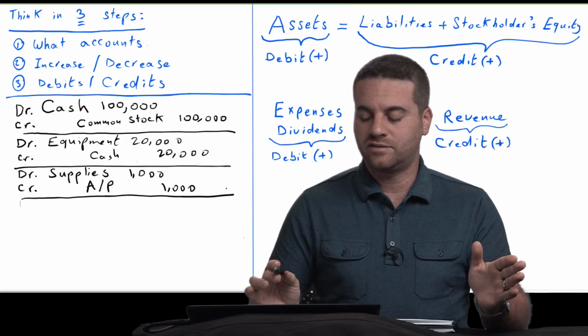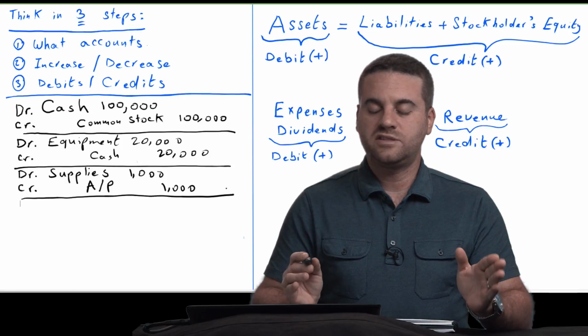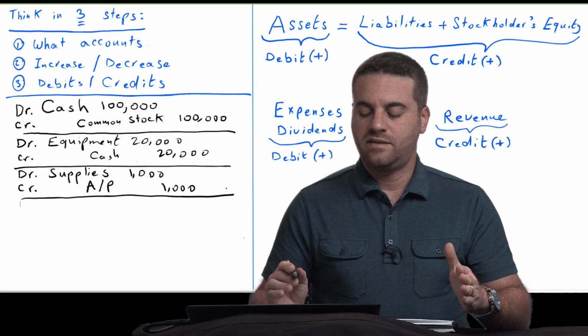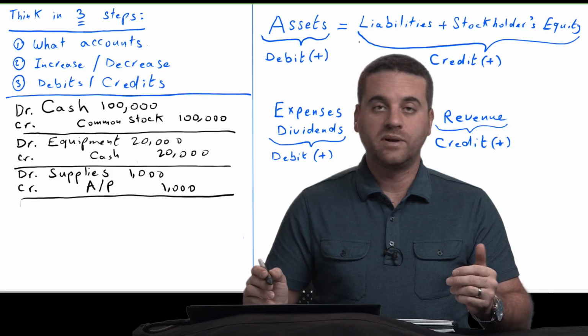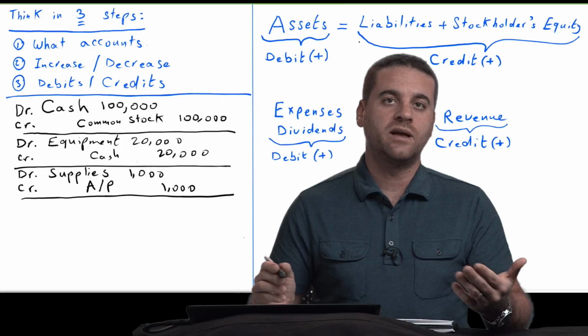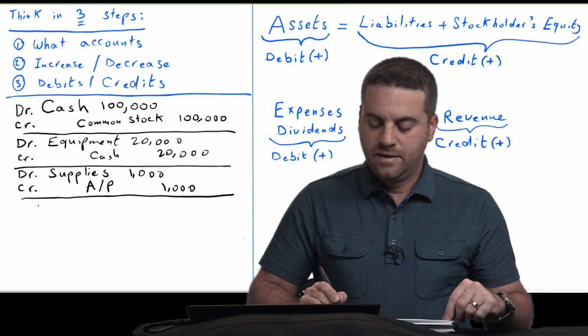So try not to overthink it. Try not to relate those debits and credits to anything else. Just think in 3 steps: what accounts, increase or decrease, and debits and credits based on the formula we have. If it is an asset, it increases with the debit. If it's liability or stockholders' equity, that will be increased with the credit. That's it. Don't think more than that.